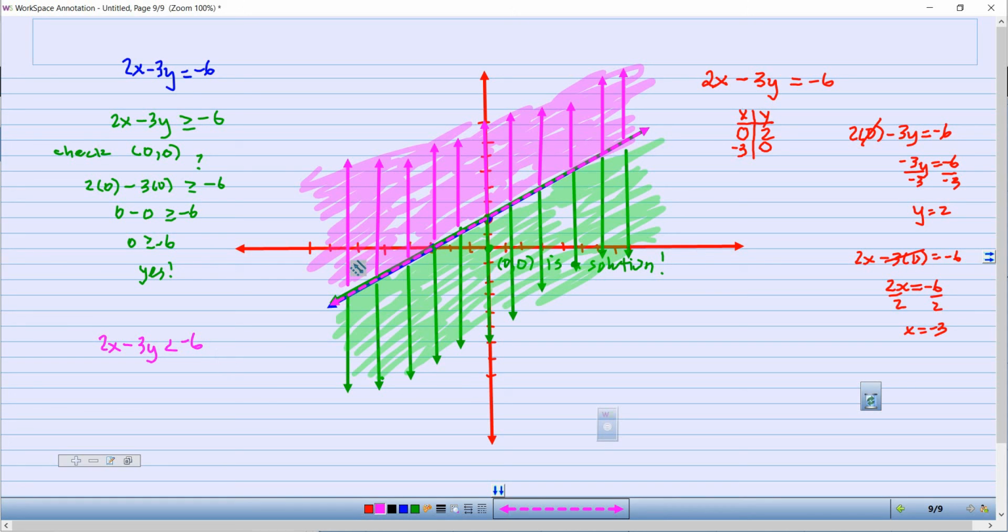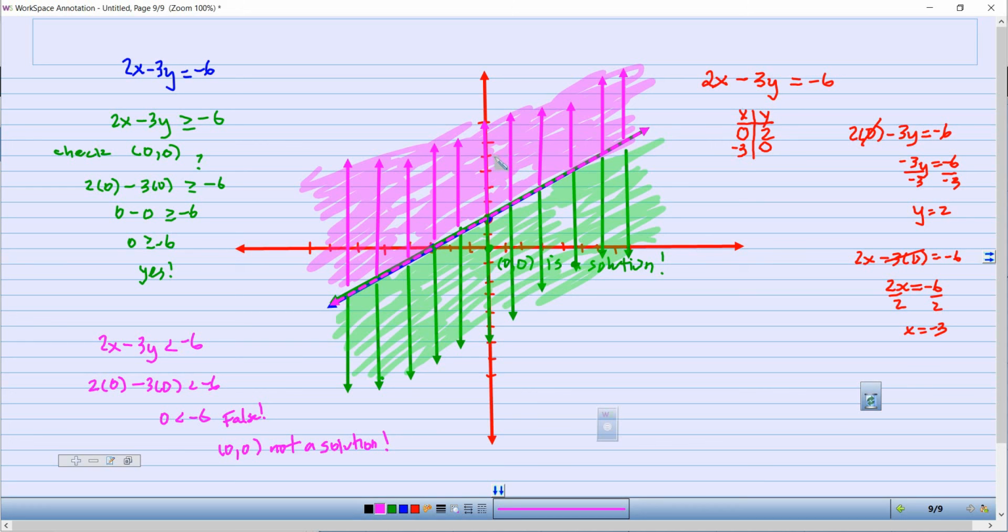Both of the examples we did, 0, 0 worked. If I had started off with this, let me just do this real quick, because if I tried 0, 0 here, 2 times 0 minus 3 times 0 is less than or equal to negative 6. 0 is less than negative 6. That is false, right? Then 0, 0 would not be a solution. And that would tell me that I don't want it in my solution area, so I would shade the other way.